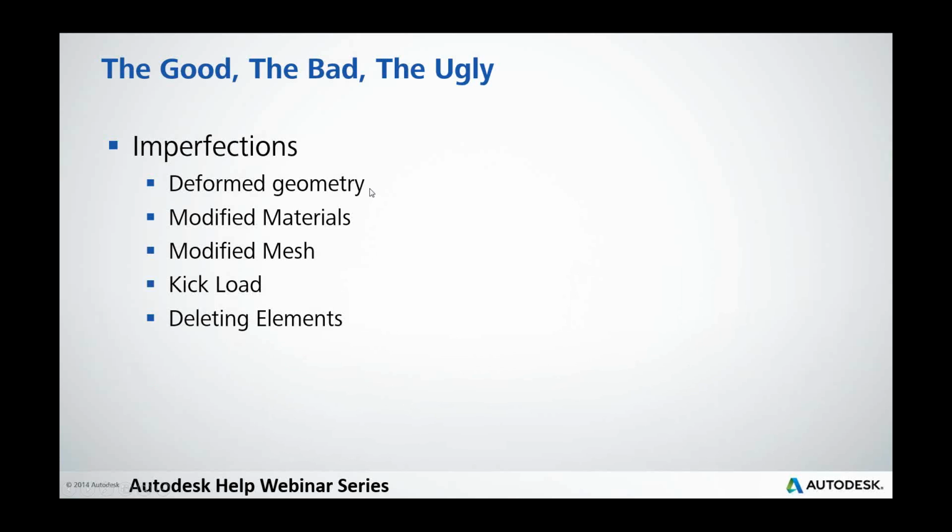So deformed geometry and modifying material properties are trying to replicate what you might see on a real part, where the part is not exactly straight. There may be some material imperfections. We can also modify the mesh in certain areas.